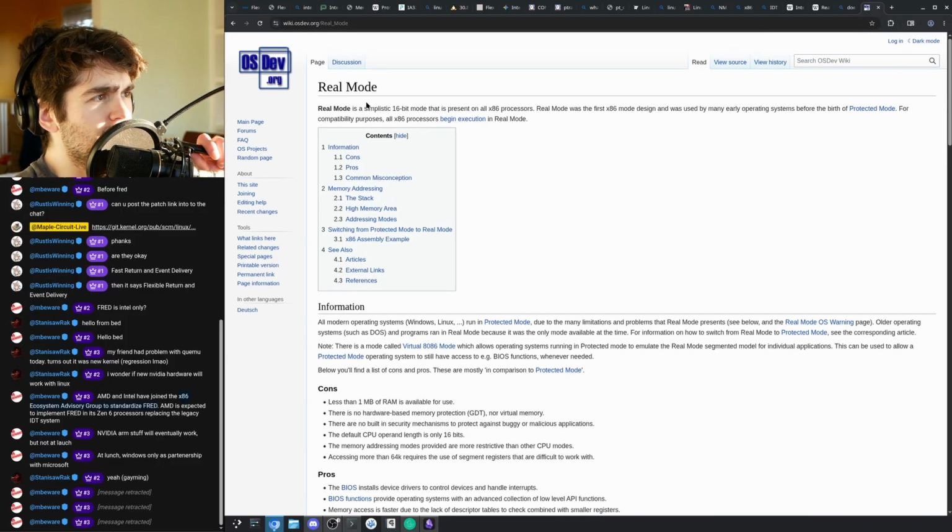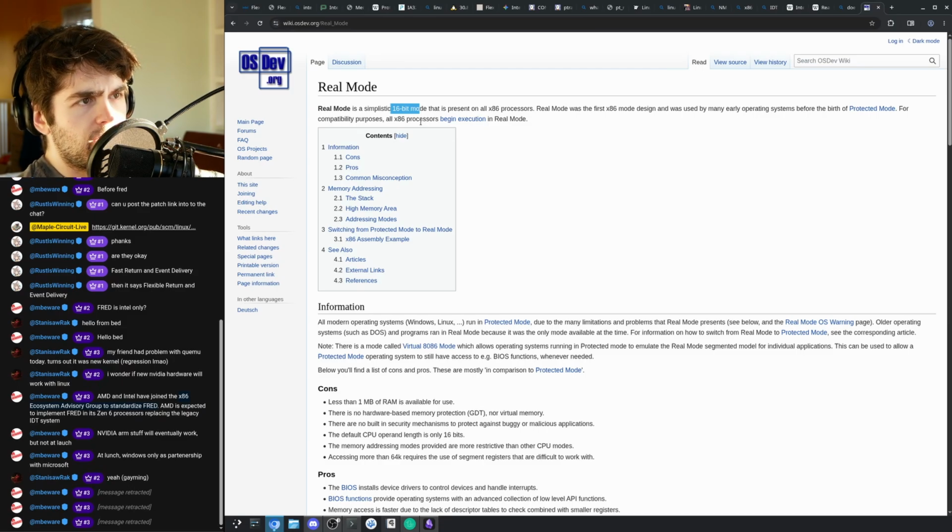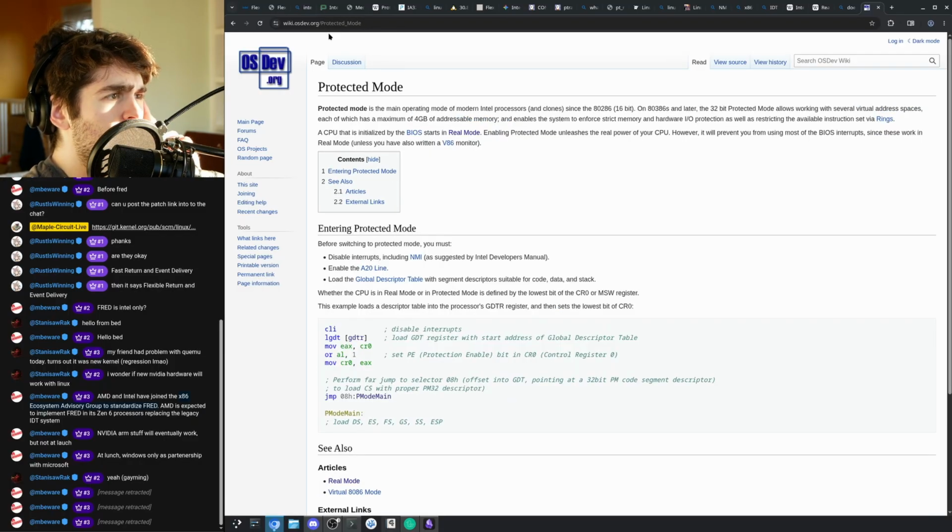Real mode is a simplistic 16-bit mode, okay, I was wrong. It is present on all x86 processors. Real mode was the first mode designed and was used by many early operating systems before the birth of protected mode. Okay, cool. Protected mode is the main operating mode of modern Intel processors and clones since the 80286 and 80386 and later.